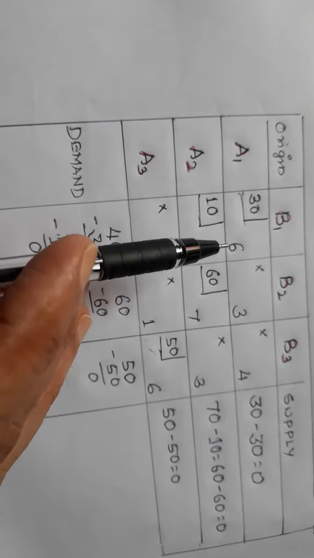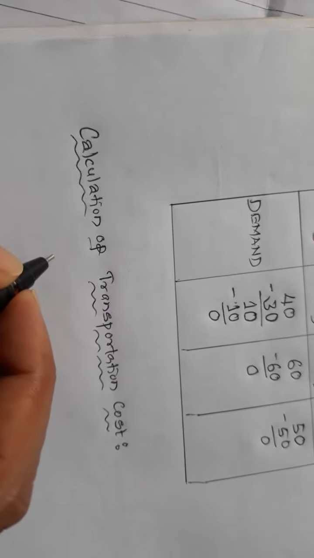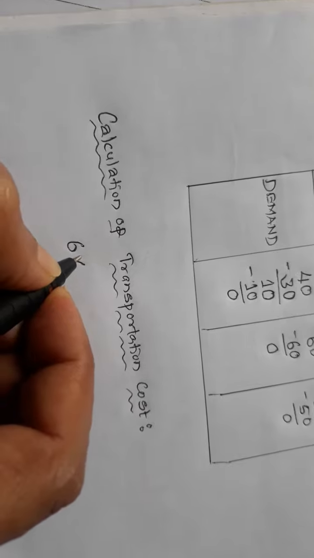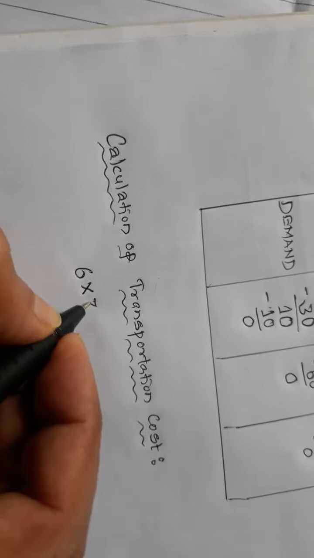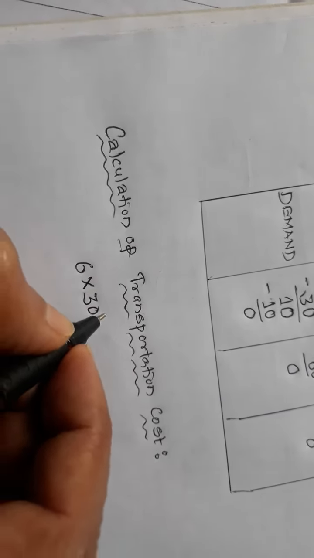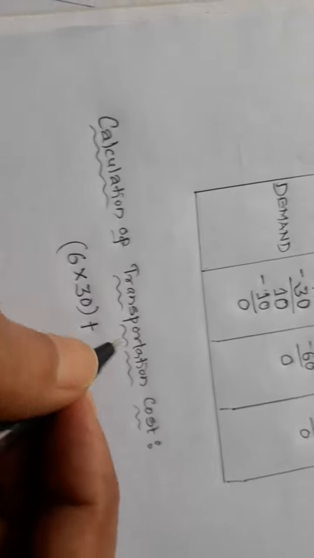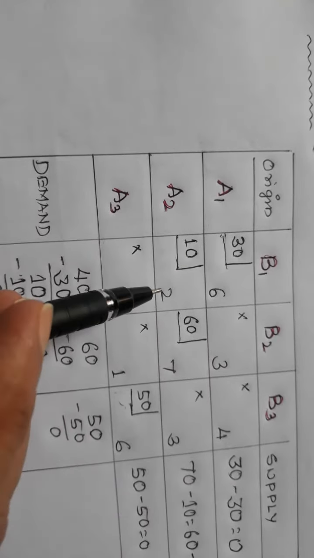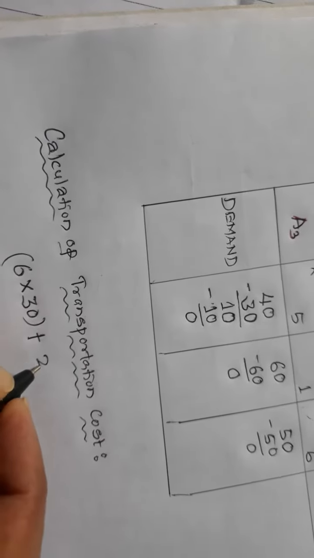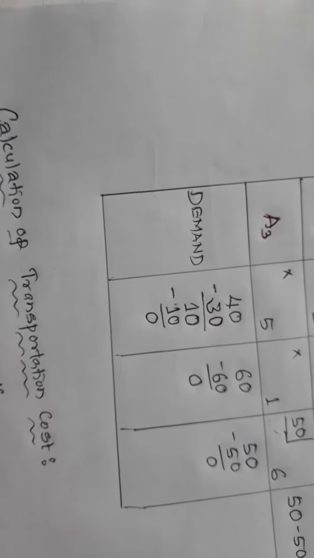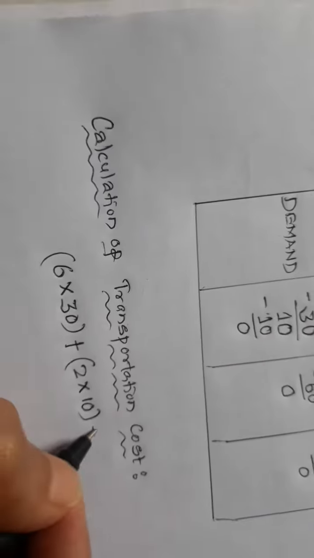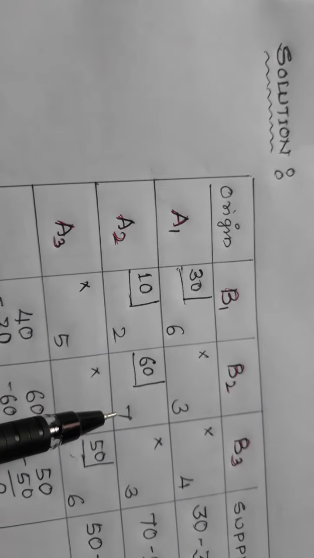Now the matrix is 6 into allocation 30, plus next, 2 is the matrix into allocation 10, plus next, 7 is the matrix and allocation is 60.